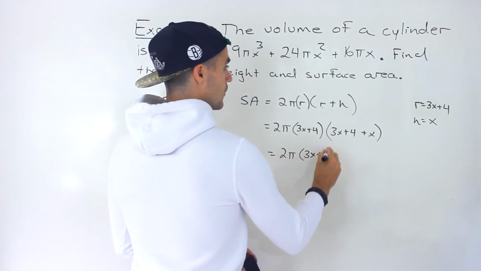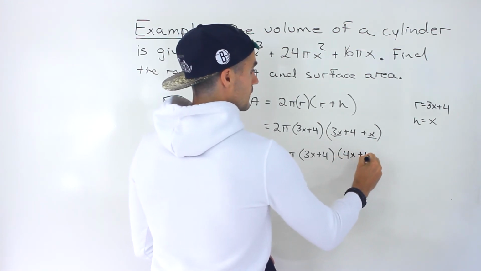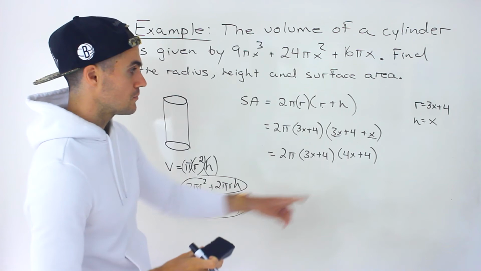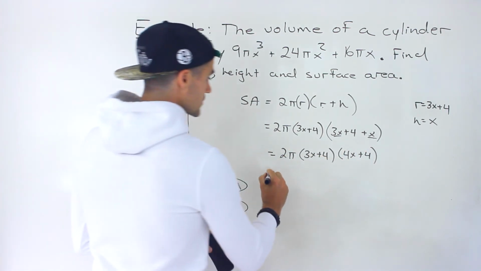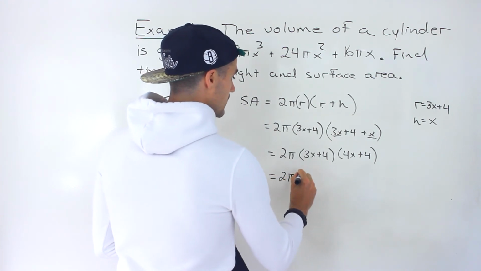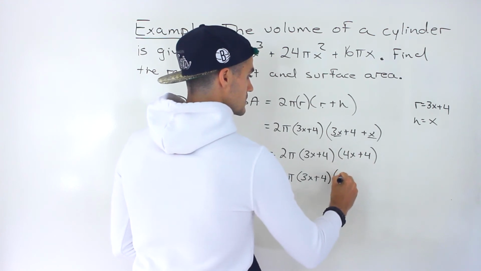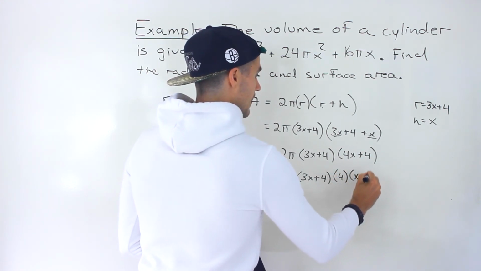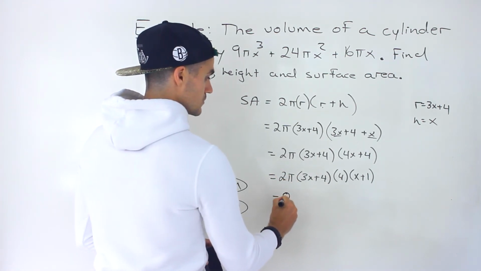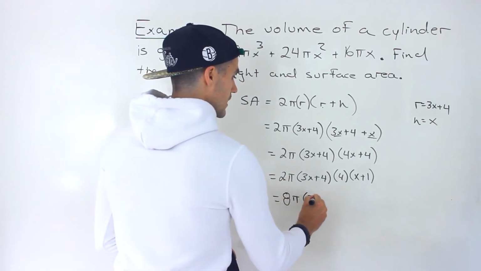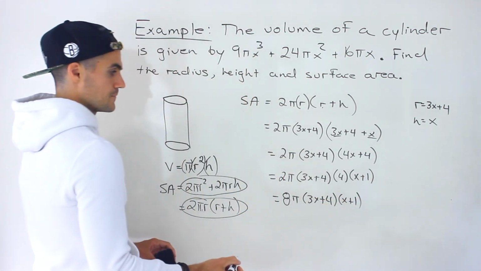And then over here, notice we got like terms, which is 4x plus 4. From here, we can factor further because from this bracket we could take out a 4. So we can have 2 pi times 3x plus 4, we take out a 4 from these two, and we're just left with x plus 1. And then the 4 and the 2 we can multiply, so we'll have 8 pi times 3x plus 4 times x plus 1, like that.